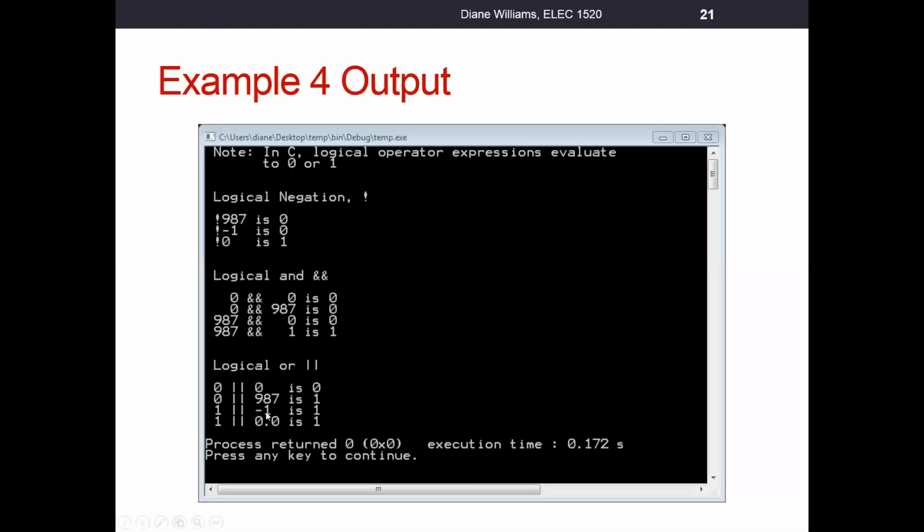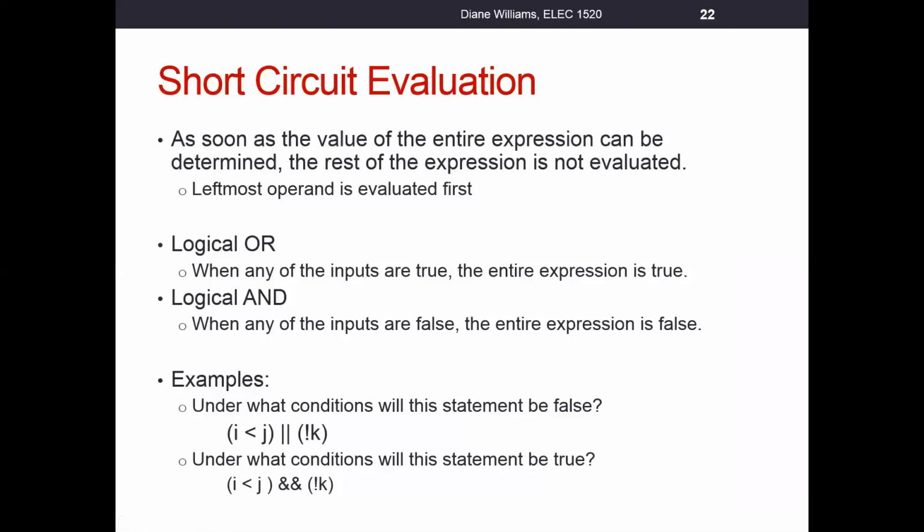But when any one of these inputs is true, the output is true. So you can see here, this number is considered to be true. So C considers non-zero values to be true. 0 is false, always. Which leads us to short circuit evaluation.